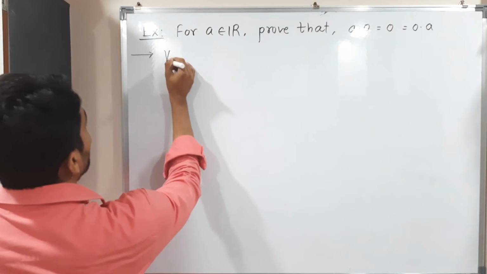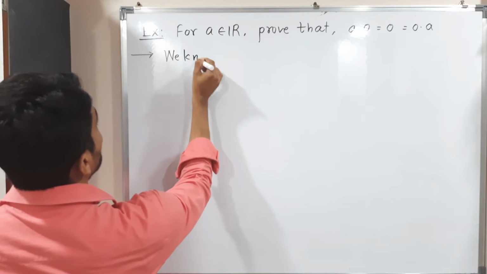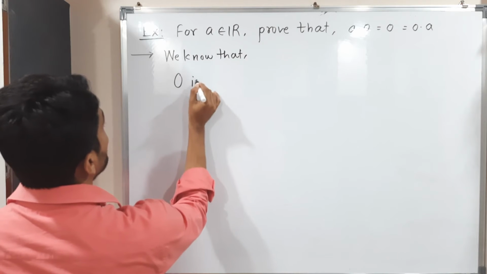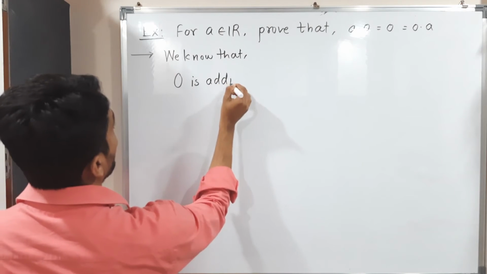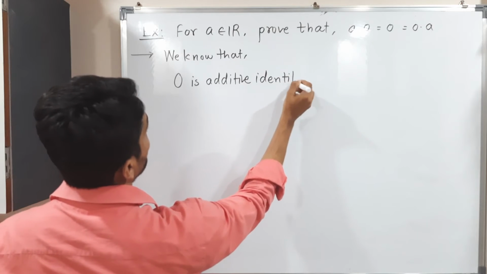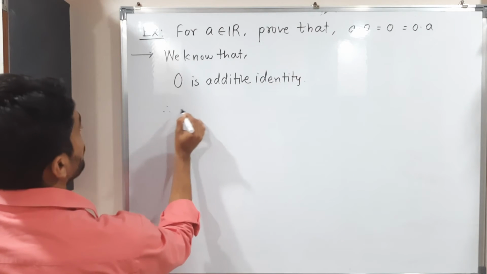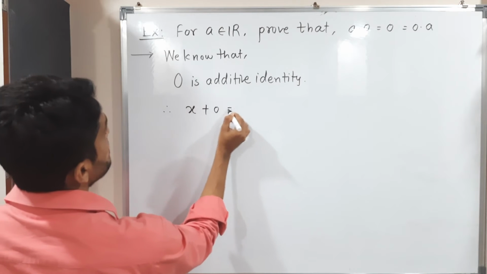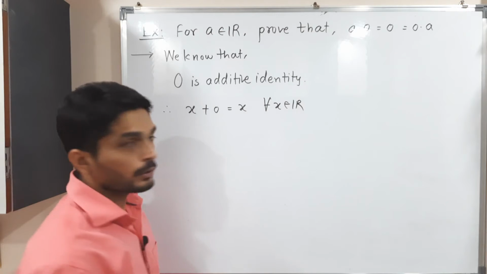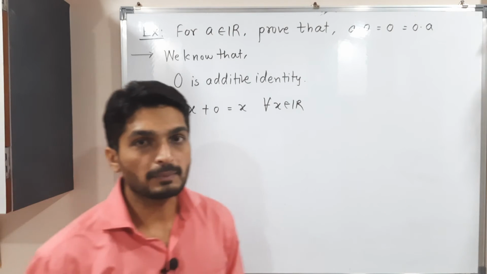We know that 0 is the additive identity. What is the meaning of that? Therefore x plus 0 is equal to x for all x belongs to R. So if you add 0 to any real number, you will have the same number.